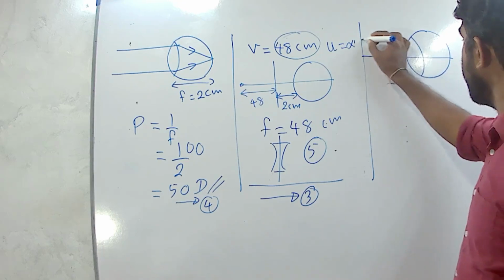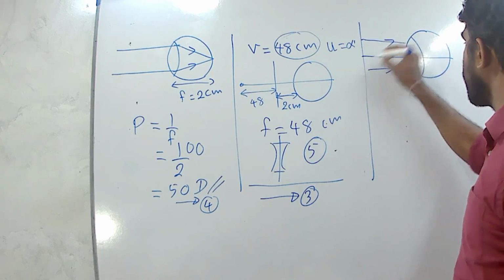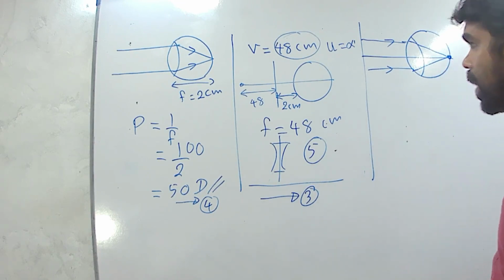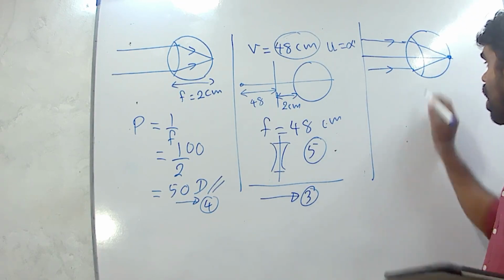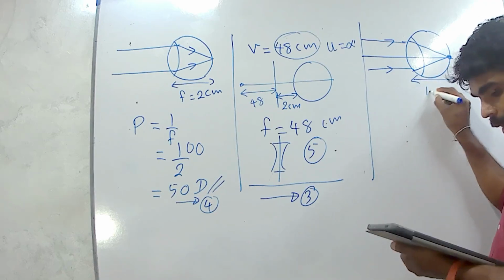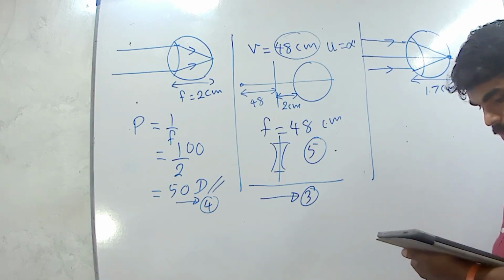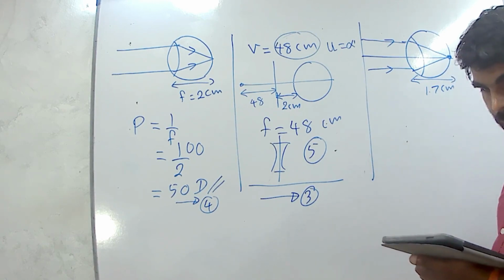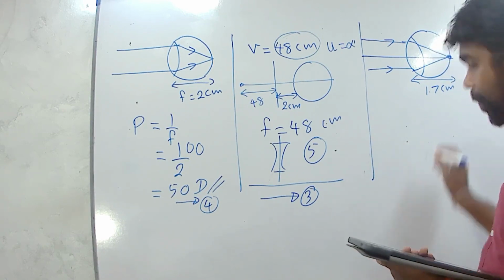When seeing infinity, we know that parallel rays are coming to the lens and an image should be formed on the retina. Then focal length is this one, 1.7 centimeters. Then answer is 5.